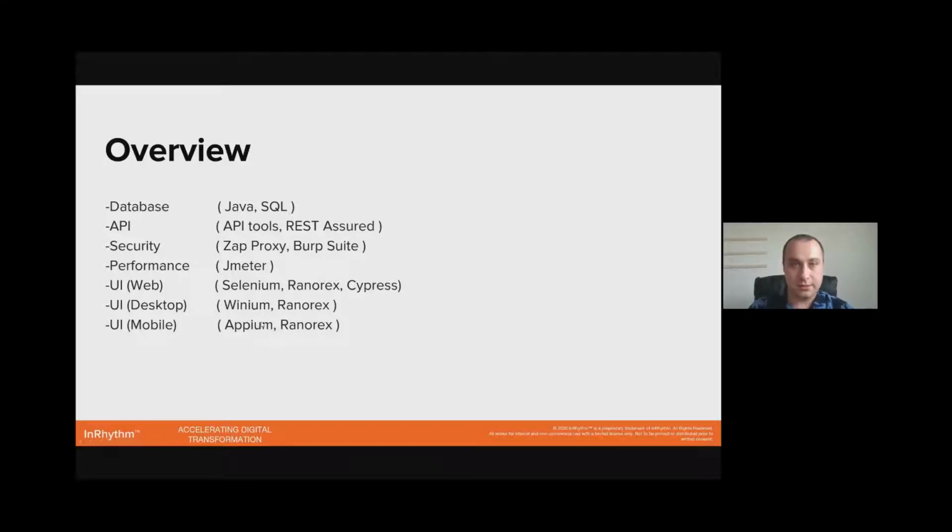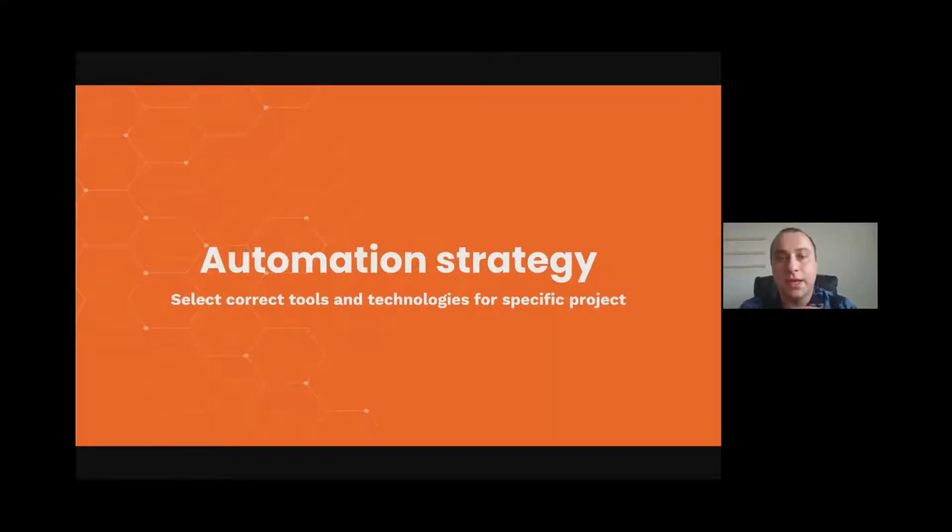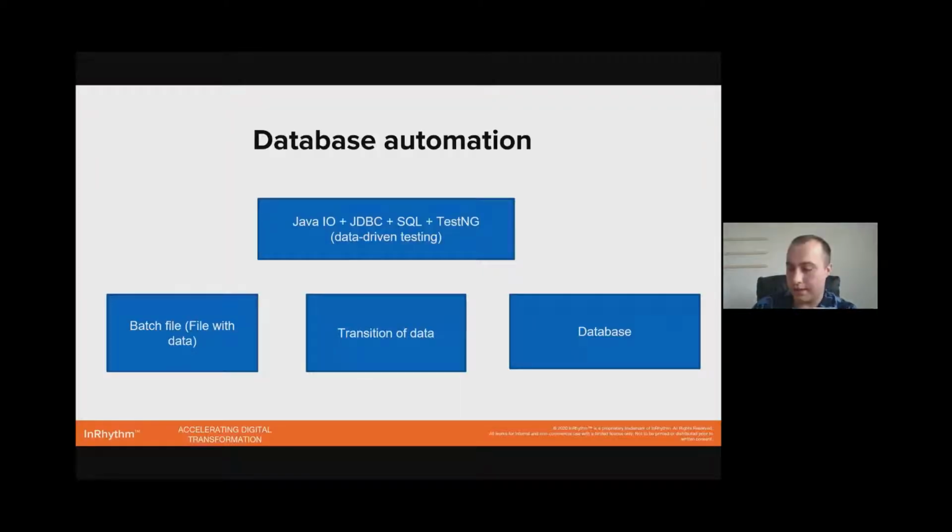Okay, and I want to show you what is most important for any SDET or automation engineer. Most important is to create an automation strategy and select the correct tools and the correct technology for the project. For example, if a company has a challenge with problems in its database, and every time we have different bugs, problems, and issues, any automation engineer who knows Java or another language can automate this type of testing.